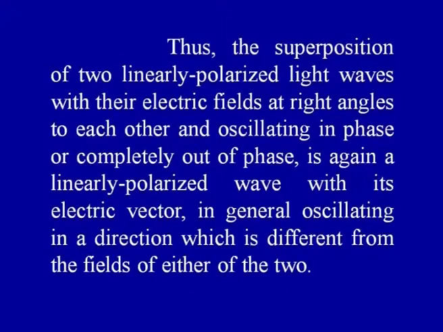Thus, consider the superposition of two linearly polarized light waves with their electric fields at right angles to each other and oscillating in phase or completely out of phase. Just these two conditions: the individual vibrations are perpendicular to each other, but they are in phase or completely out of phase.